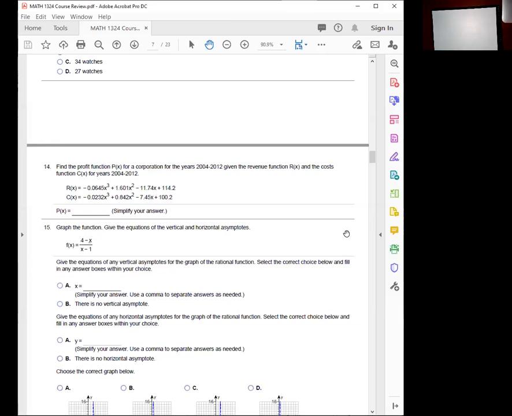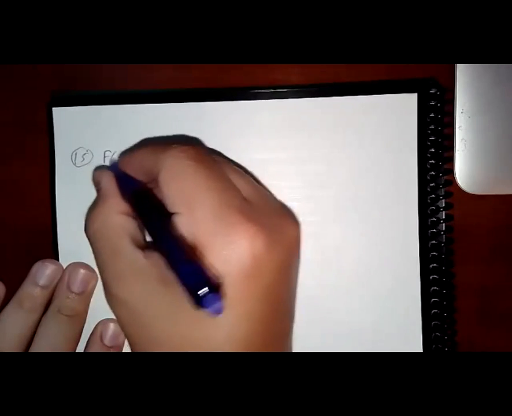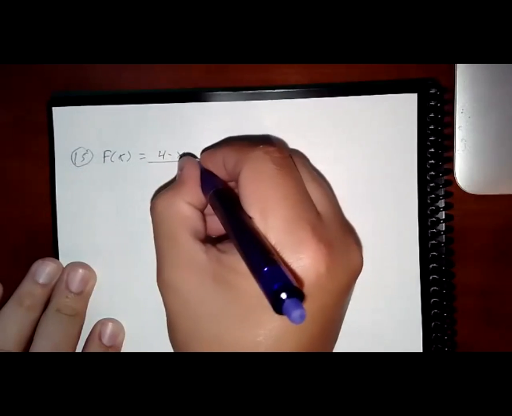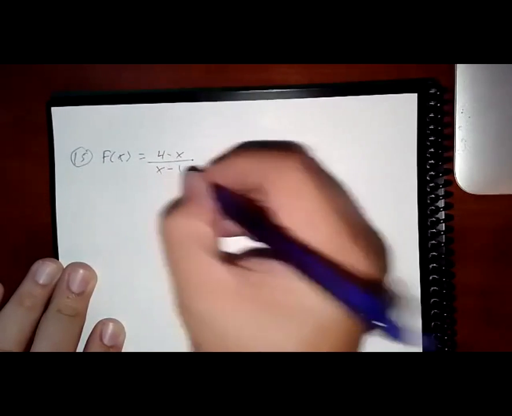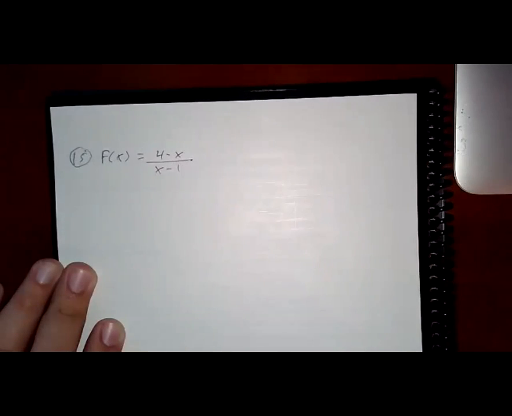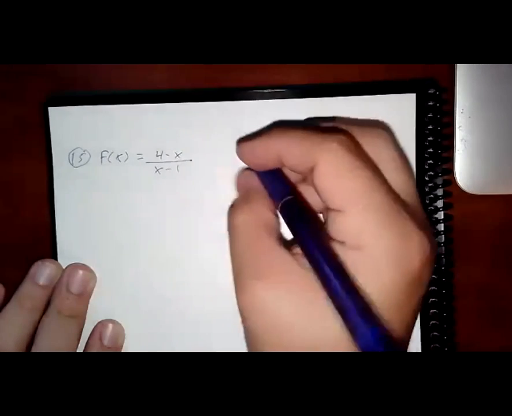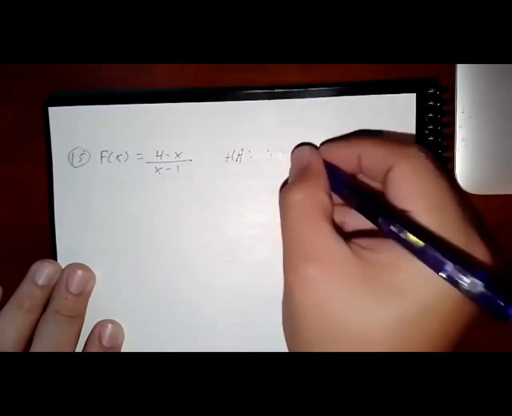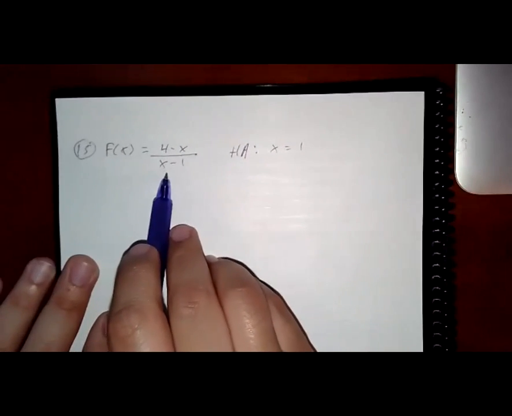Okay. F of x is equal to 4 minus x over x minus 1. The horizontal asymptote happens at x equals 1, because if I plug a 1 down there, you get a 0.